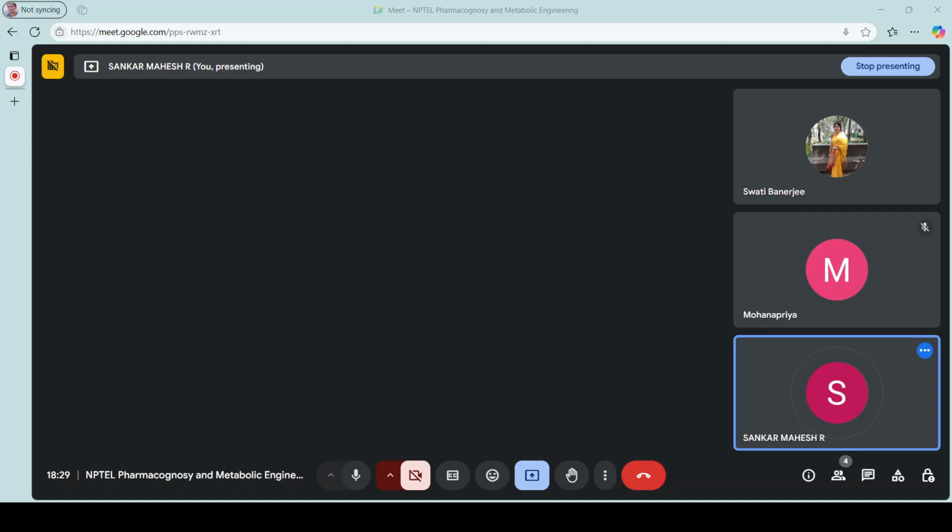And why are these essential? What class of compounds do we get from these aromatic amino acids? Any idea? The indole alkaloids we will get from tryptophan. We'll get flavonoids from this.